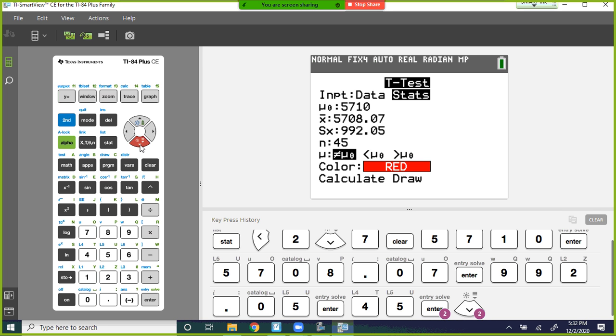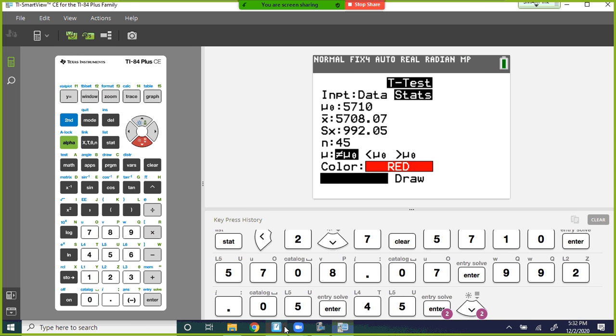But before I hit calculate, any questions about how we're doing this? Any questions at all how I just took the data and put it in there? Oh, good question.